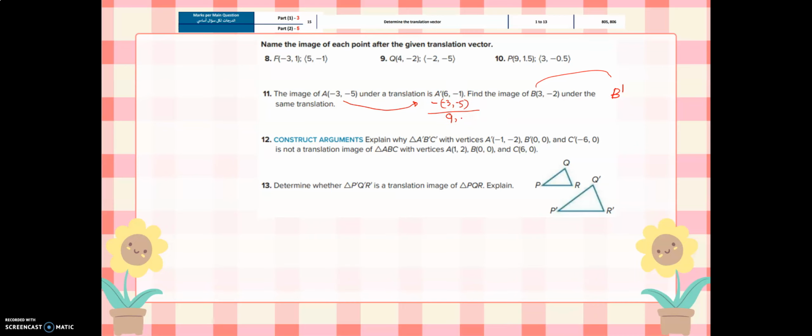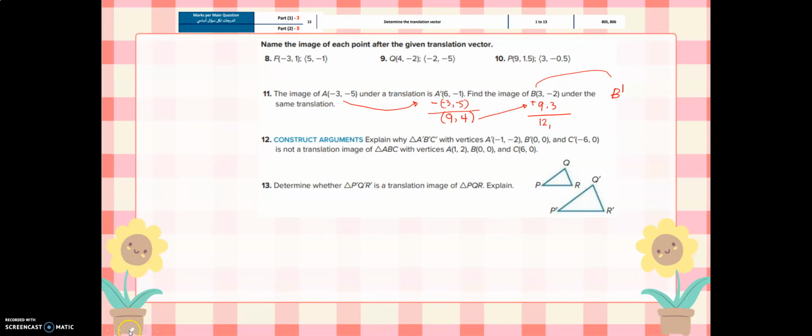So we have here 4. All right, so we have 9 and 4 as the difference, and then we'll take this to our next image and we're just going to add it to the points. So we have here 3 plus 9 will become 12, and -2 plus, sorry, this is not 3, this is 4.